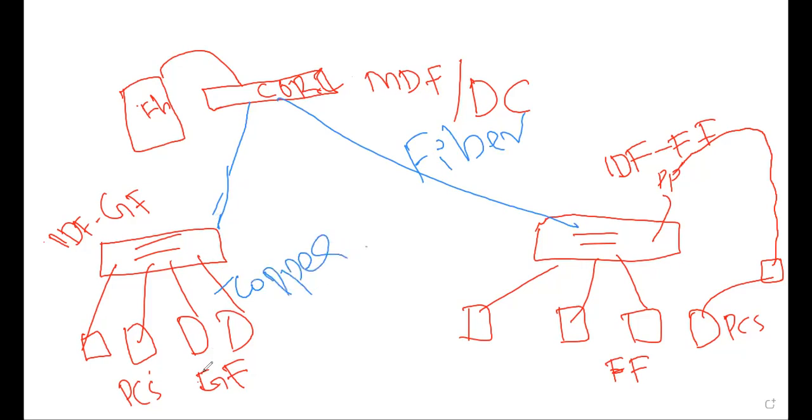So here we have access switch 1, access switch 2, and then the core switch. This is called a 2-tier hierarchy, because we have a core and we have access.